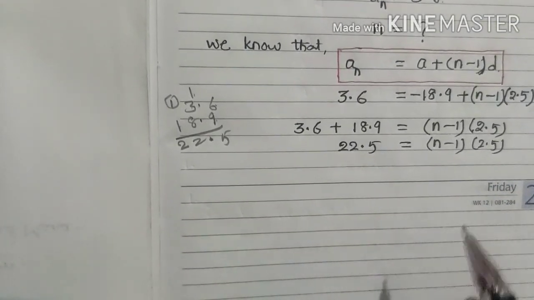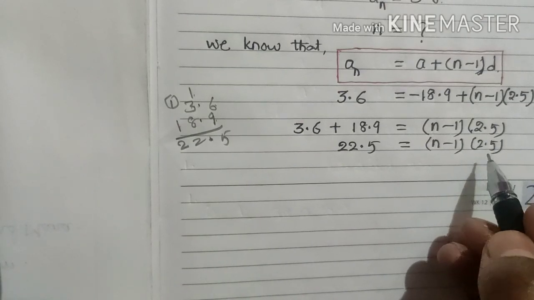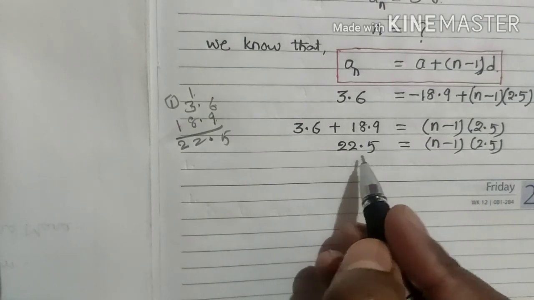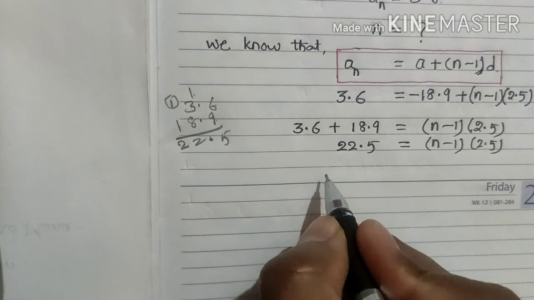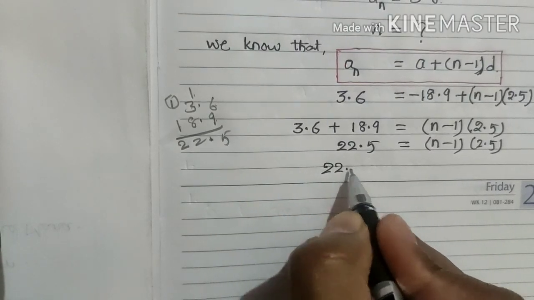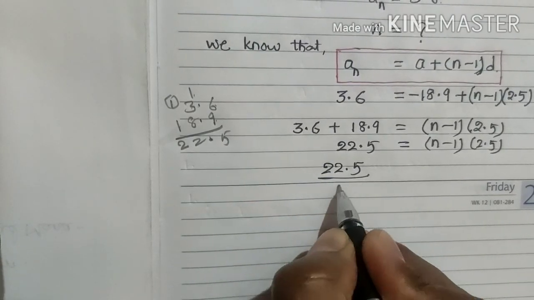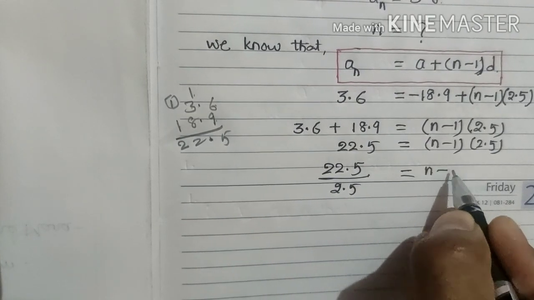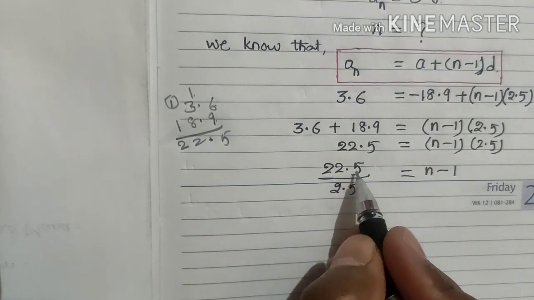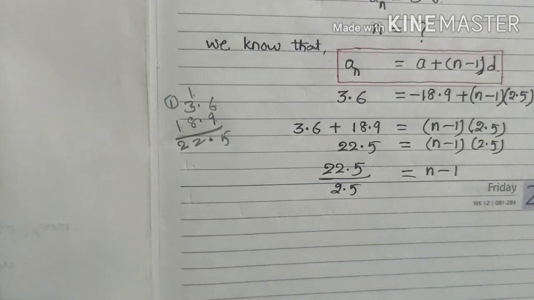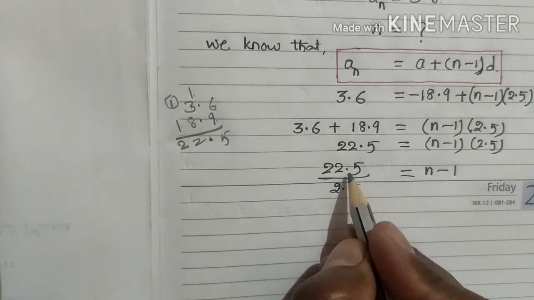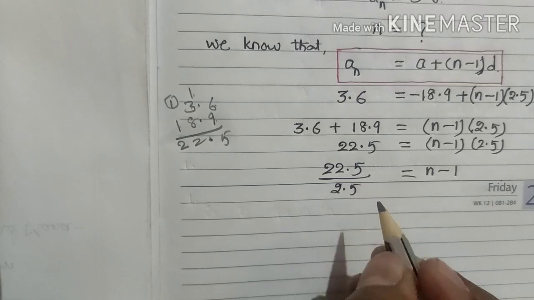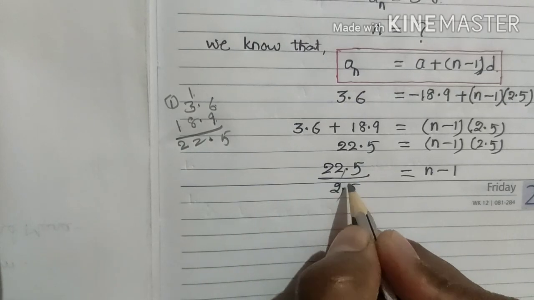Next, this 2.5 is multiplying. If you transpose it to the left hand side, it will divide 22.5. So you write 22.5 divided by 2.5, which is equal to n minus 1. Further, there is one digit after the point in both. Whenever the numerator and denominator have the same number of digits after the decimal, you need not mind the decimal.